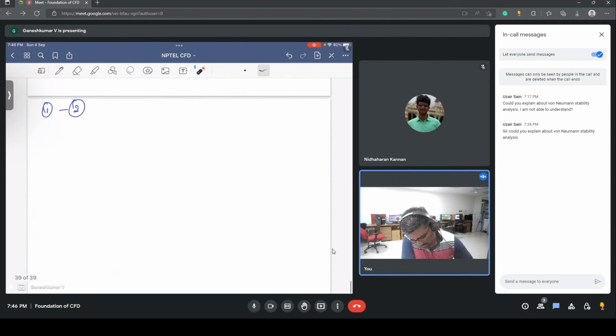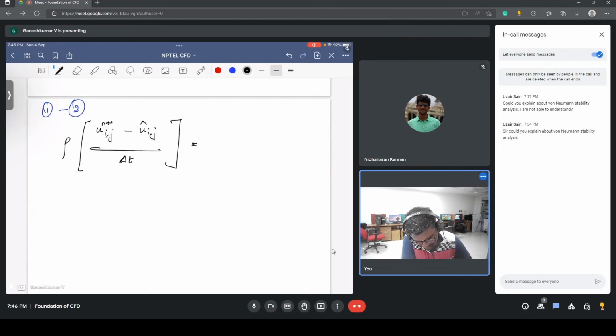So we will end up getting rho times u I comma j n plus 1 minus u cap I comma j divided by delta t equal to minus dou p by dou x at I comma j at n plus 1 times delta x delta y.